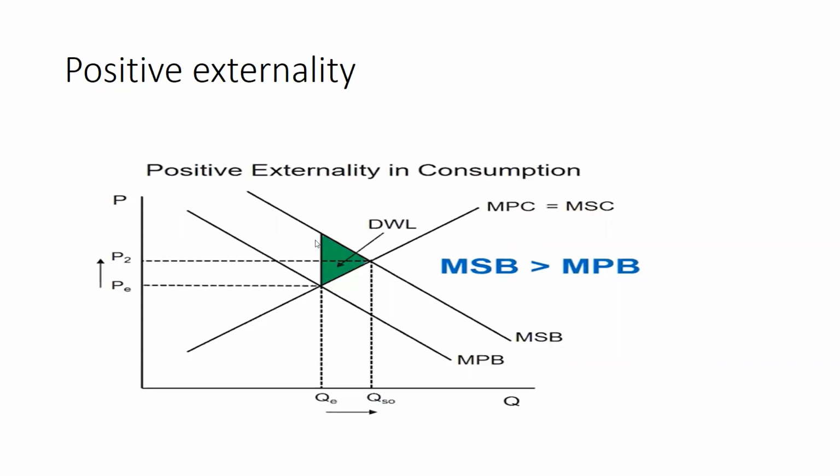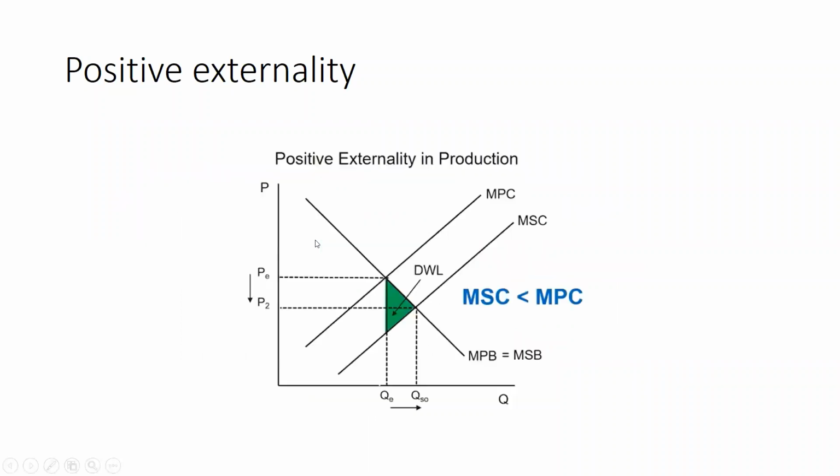All right, now there's another way this positive externality could go. Notice the supply curves are going from MPC to the right to MSC. For a negative, they go to the left, but here they're going to the right.